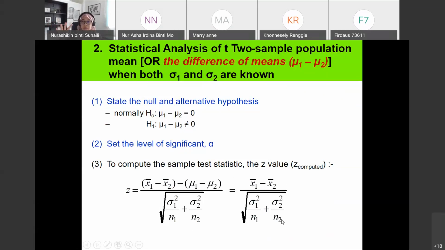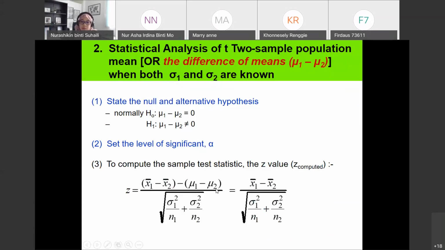For example, just now I gave an example of measuring the height of students in FSTS and students in FK as sample 2. Sometimes the size of sample 1 is 50, and the size of the students at FK, sample 2, can be 49, very close but not equal. So you have to use the right sample size for each sample.